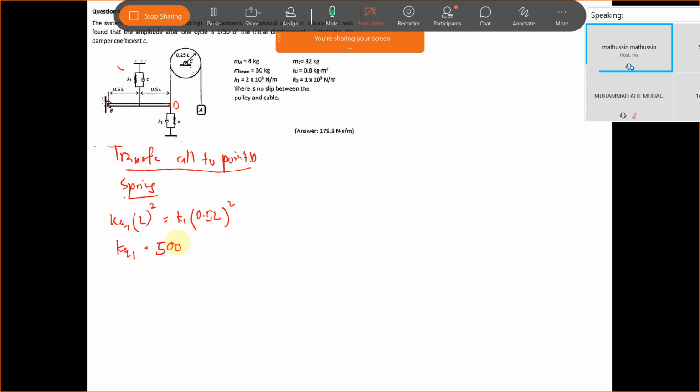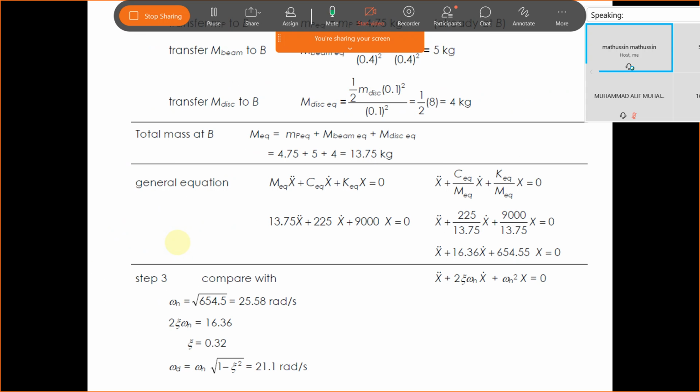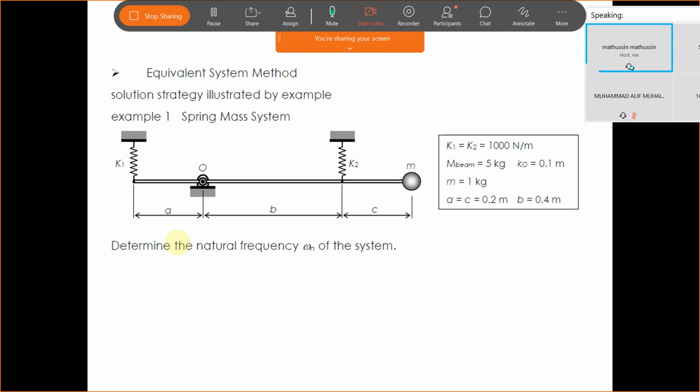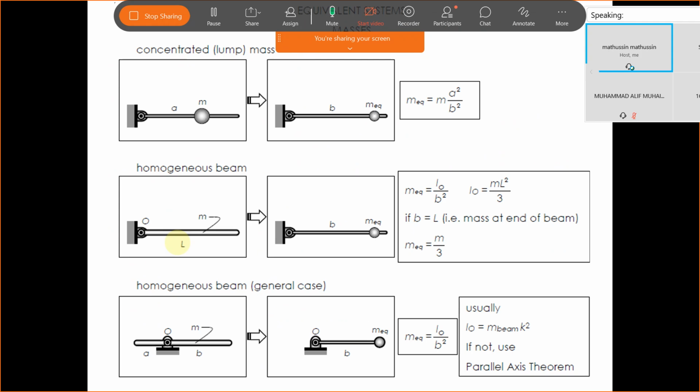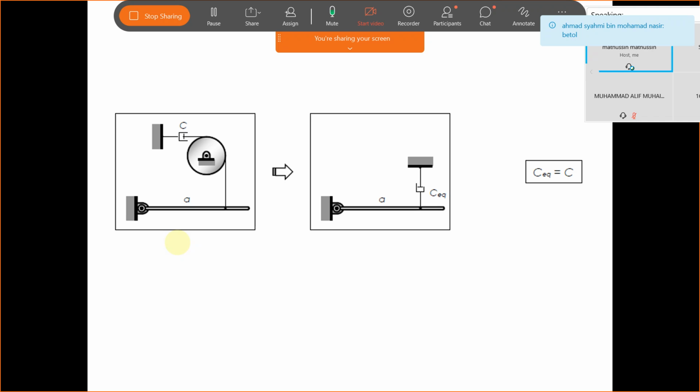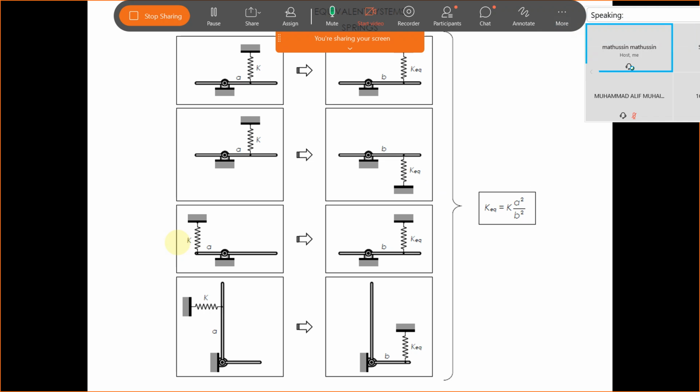Betul? Ke salah equation dia? Kita tengok balik equation dia. Okay, this one. So kita kena guna A square over B square.